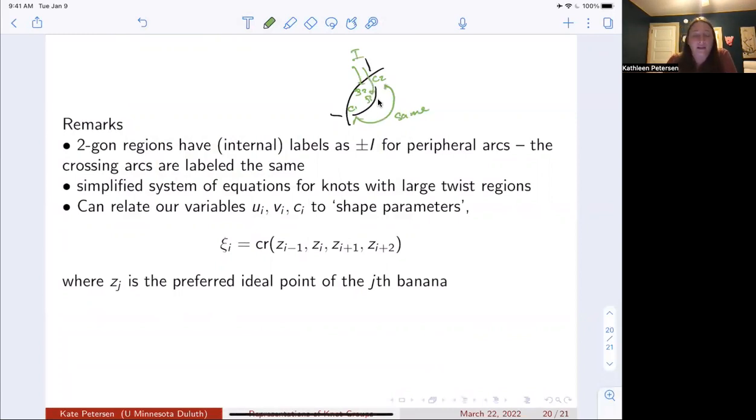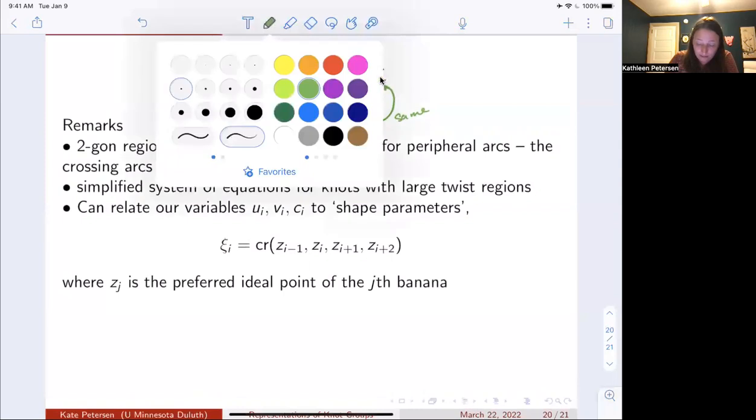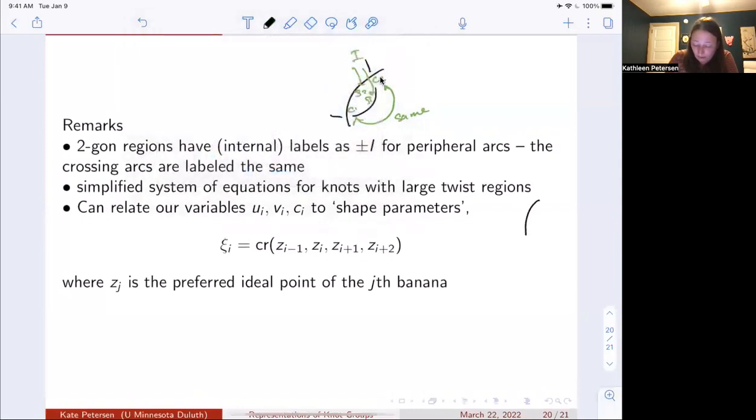The other thing is that we can use this two-gon situation if I have a knot with a large twist region, and I can simplify the twist region. Oh my goodness, I wanted to do it in black and I'm set on it for some reason, so let's try it. Okay, so I can do a large twist region, which I've just discovered right now.